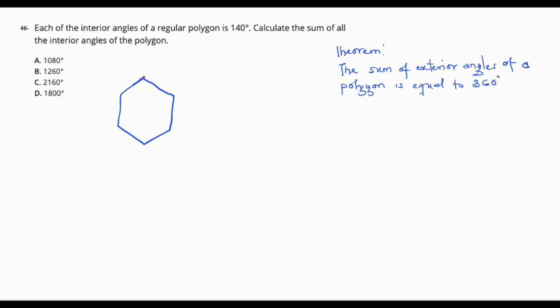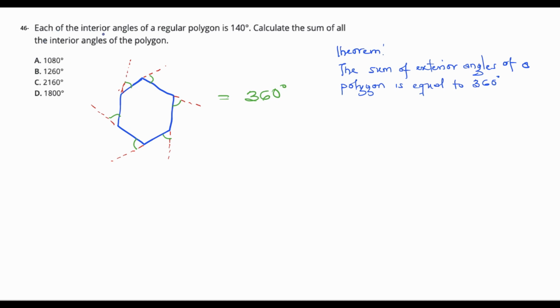Now, what we mean by exterior angles is if we continue each of the sides of the polygon, the exterior angles are these angles right here. This angle, this angle, this angle, this one, and this one. Now, the sum of all these exterior angles is equal to 360 degrees.